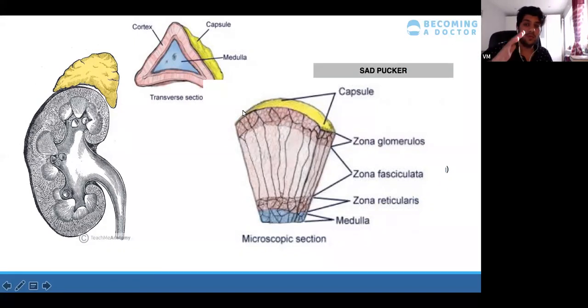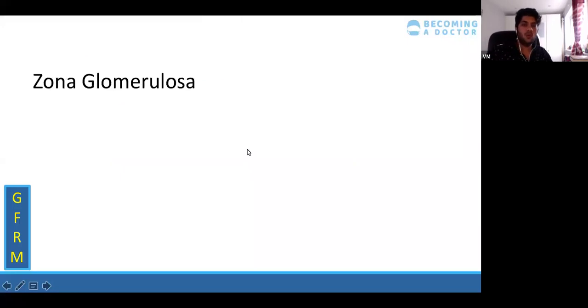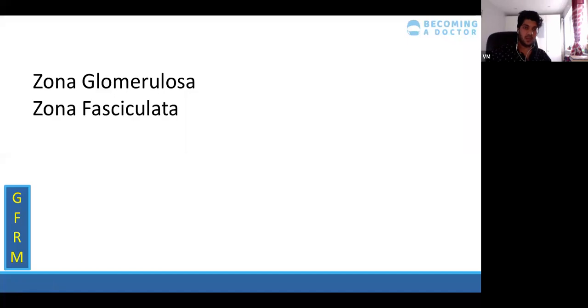I'm going to be going through this. I'm going to be laboring these three layers over and over again because I think that's the best way to remember them and try and commit them to memory. Right, so as I said before, we have three layers in the adrenal cortex: the Zona Glomerulosa, the Zona Fasciculata, and the Zona Reticularis.